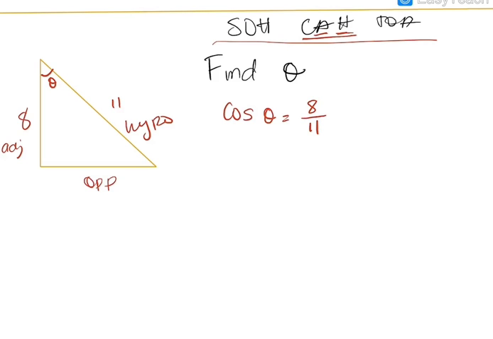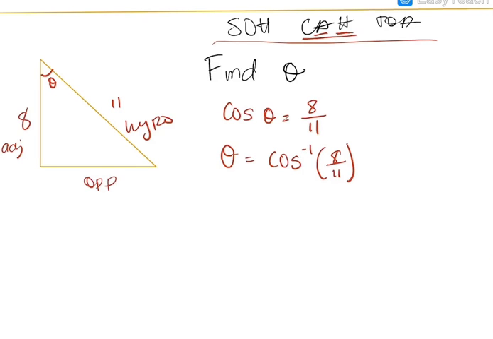And now we're going to find theta. In order to do this, we need theta to be alone. We need that angle to be alone. And so we're going to have theta equals cos⁻¹ multiplied by 8 over 11. Whoa, where did the -1 come from? Honestly, I couldn't really tell you.